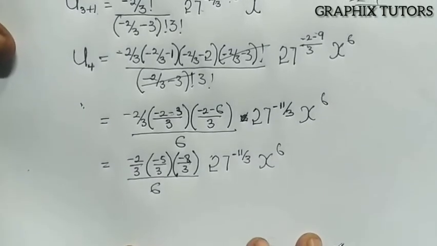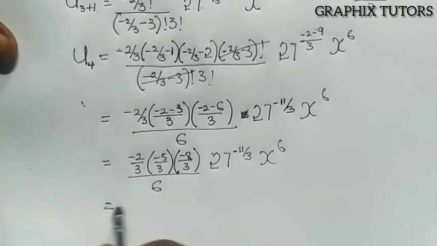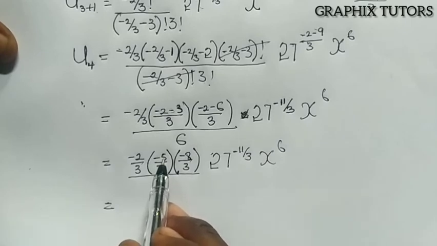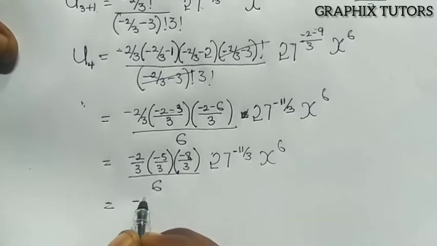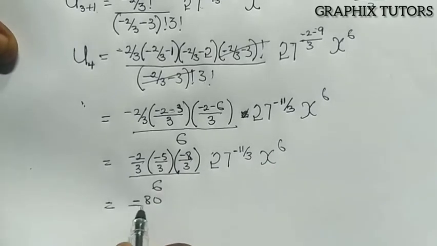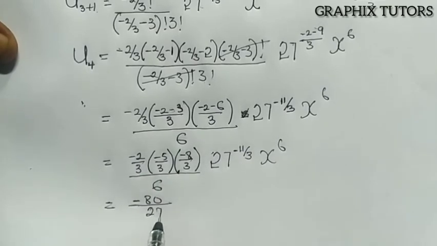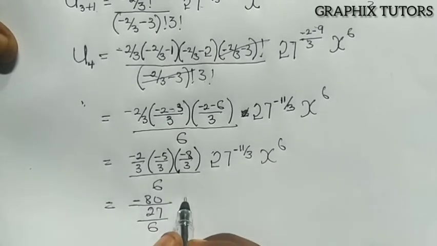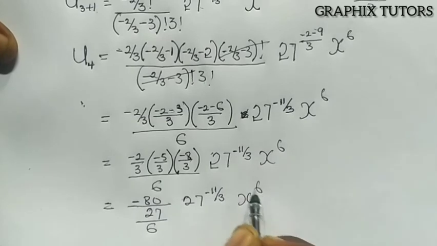So from here, this equals minus 2 times minus 5 is 10. 10 times minus 8 is minus 80, all over 3 times 3 times 3 is 27, all over 6. And we have 27 to the power of minus 11 over 3, and we have x6.